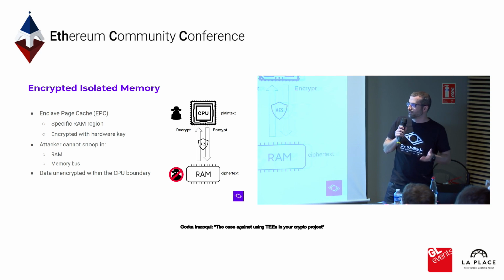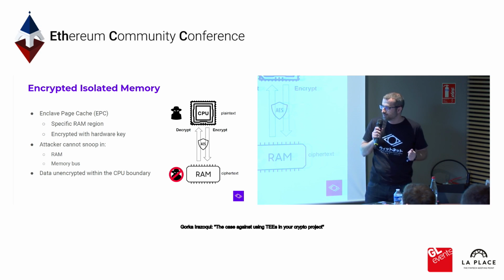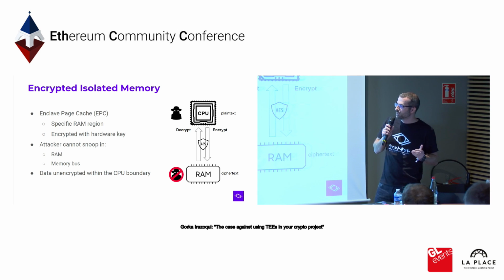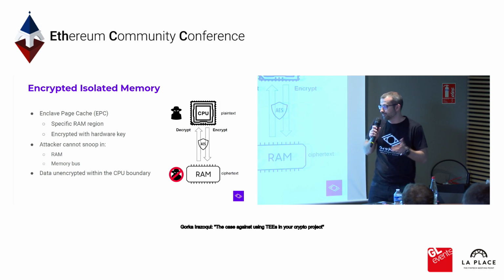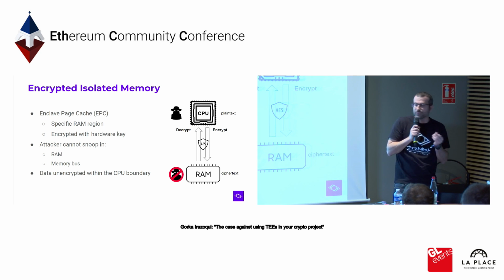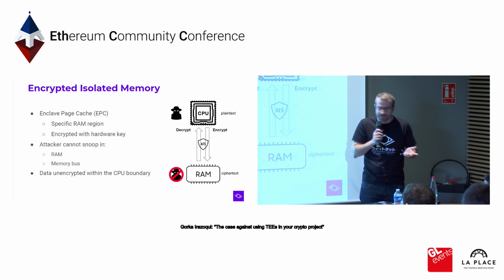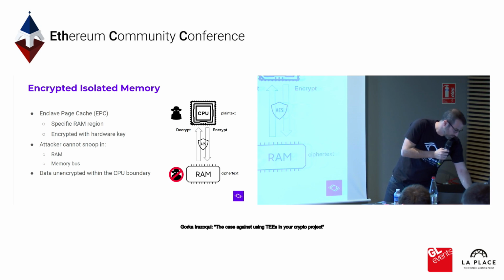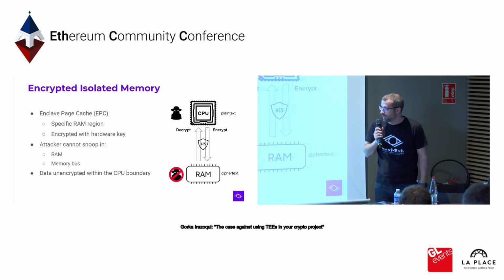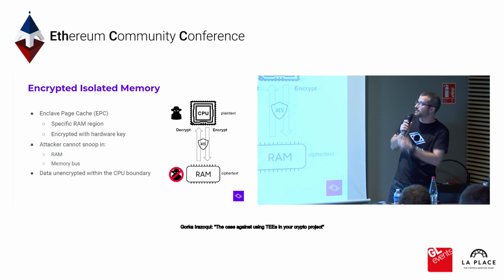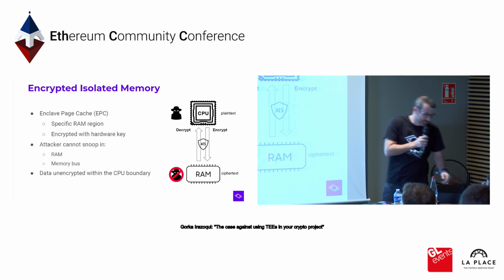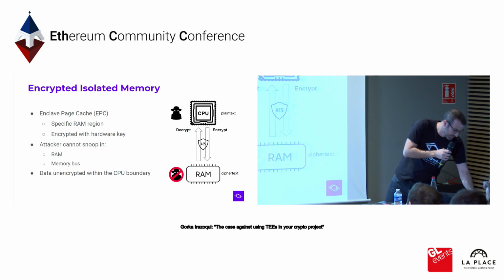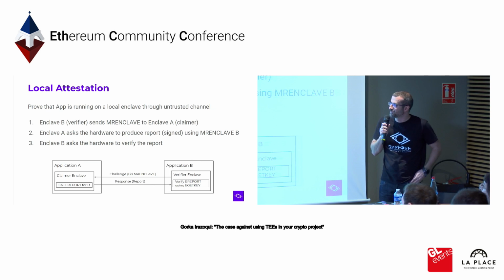It's using the well-known AES encryption, and the idea is that in the RAM memory and the memory bus, any attacker cannot really snoop in because it's encrypted, and obviously he cannot see what the data in transit is. And this boundary finishes at the CPU. So maybe we already have a hint: an attacker will maybe try to attack after the CPU.